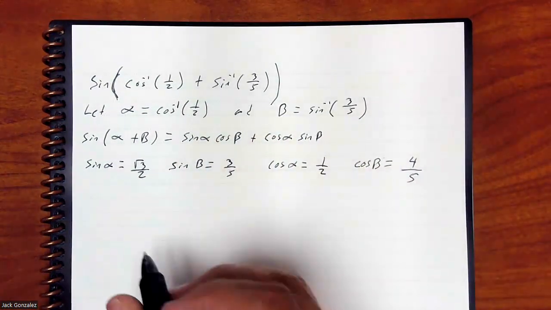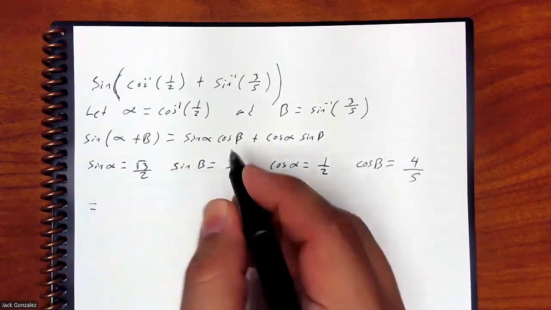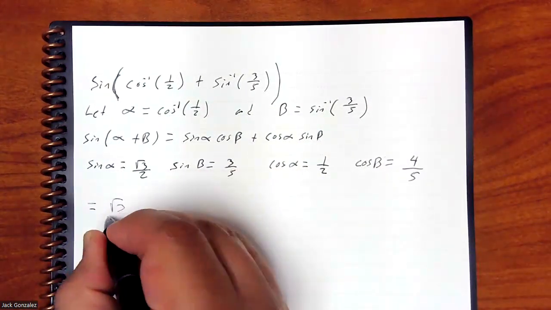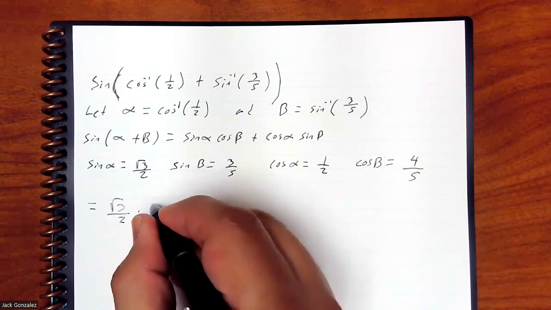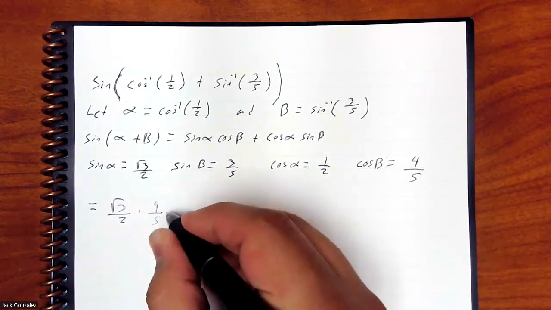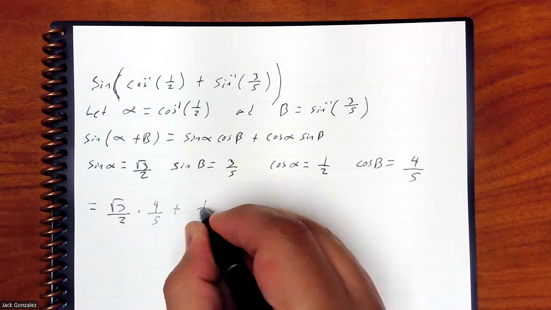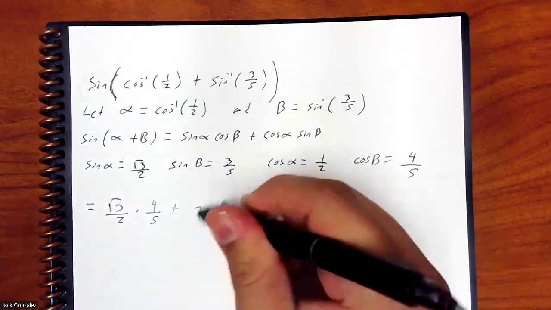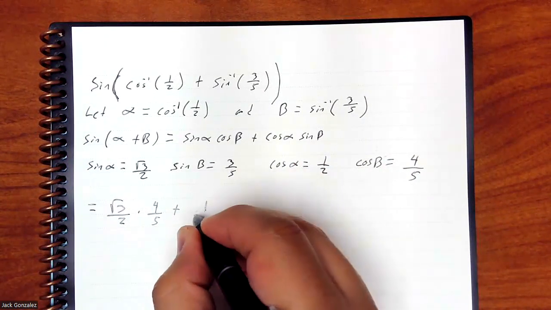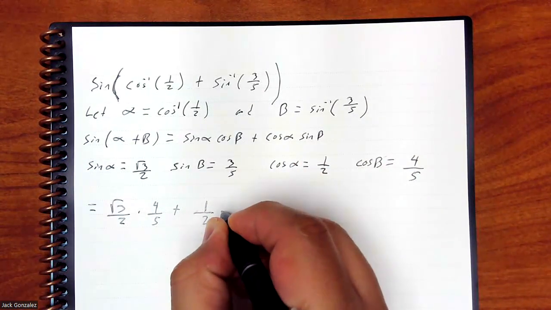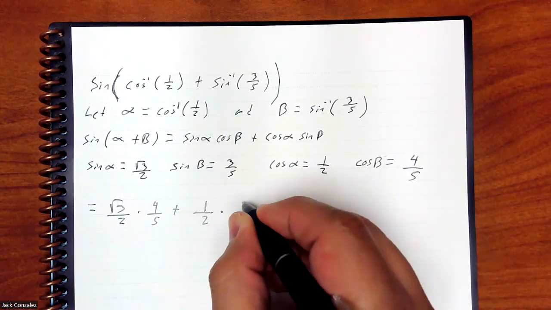Okay, so the answer is going to be sine alpha times cosine beta plus cosine alpha times sine beta.